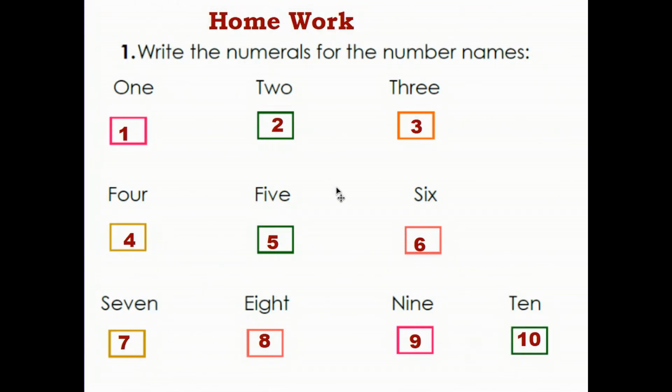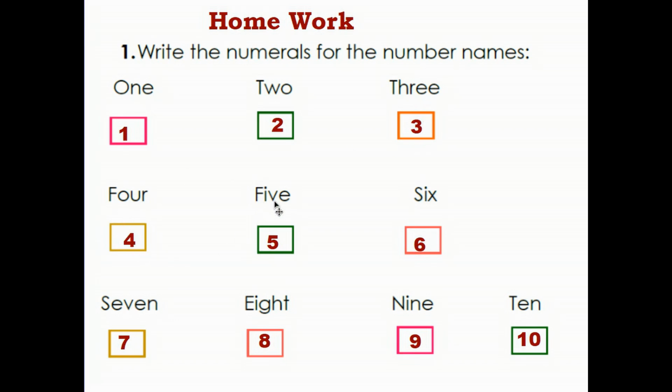Again, I have given you one homework to do at home. That is to write the numeral for the word given, the names of the numbers here. So the first one is number 1. Number 2 and number 3, the symbol.